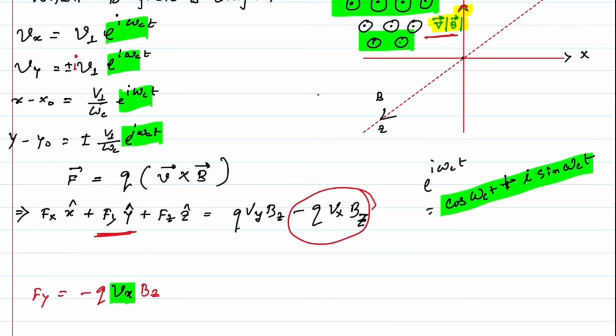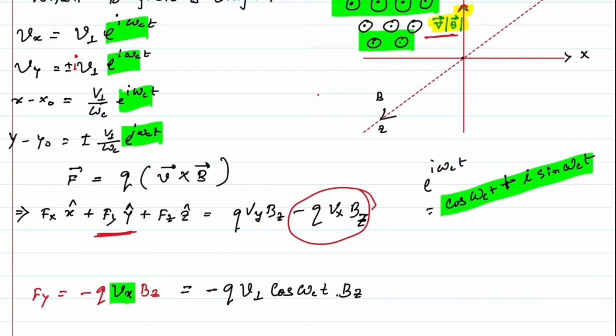Let me write here minus q v perpendicular cos omega_c t into Bz.